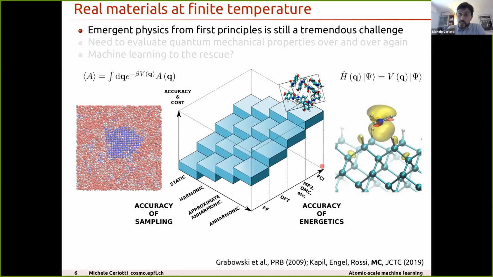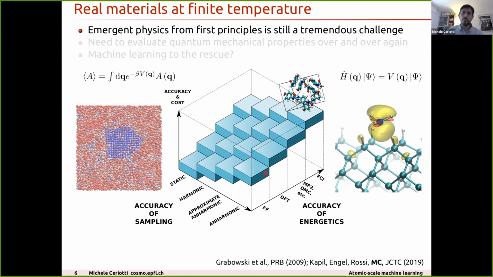This is because you don't only have to reach higher and higher levels of predictive accuracy in solving approximate forms of the Schrödinger equation, but you also need to sample fluctuations. Essentially, the macroscopic properties of a material are rarely entirely determined by an individual configuration of the nuclei Q, but require averaging over a large number of configurations distributed in a way that is consistent with the thermodynamic boundary conditions.